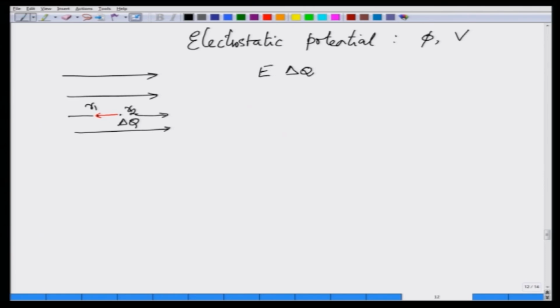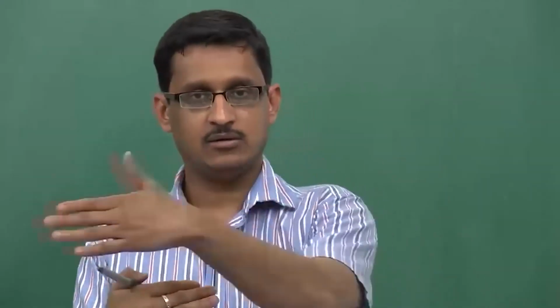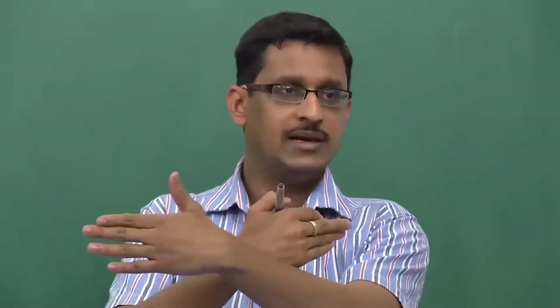The force acting on the charge delta q is E times delta q, and if I have to move the charge from one point to another point, I have to perform some work. Which way am I performing the work? I am actually moving this charge against the field, from point R2 to point R1. Field is pointing to the right, but I am trying to move to the left. So, I have to expend some energy, I have to perform some work in order to move this point.